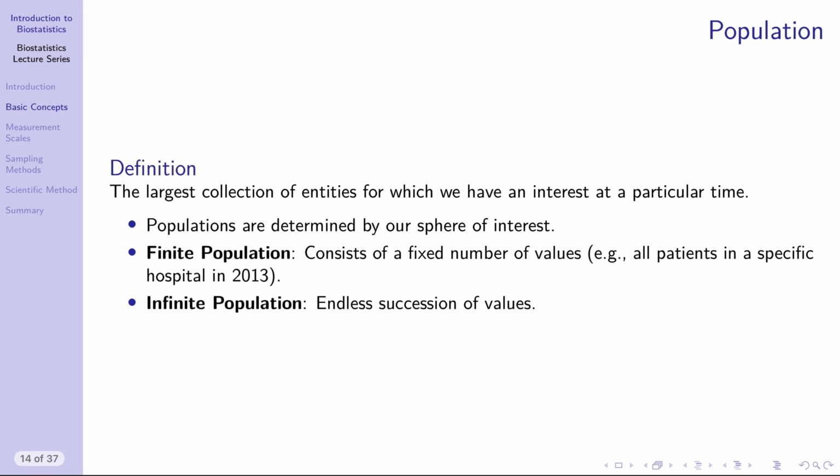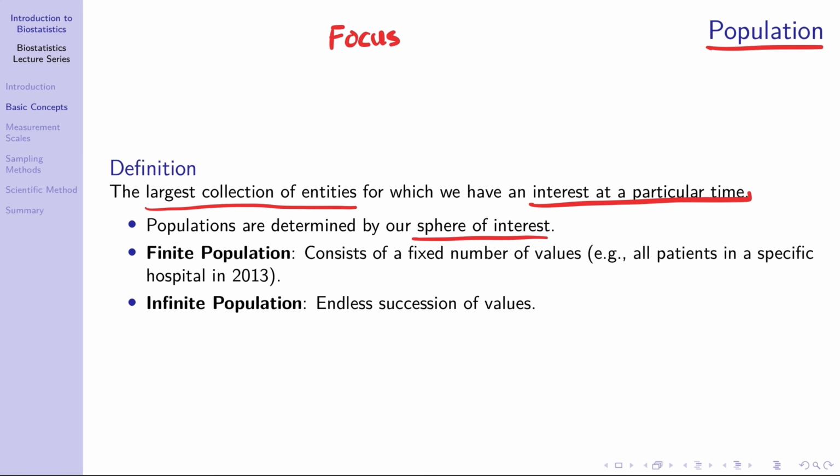Now let's move on to the population. Population is generally considered as the largest collection of entities in which we have an interest at a particular time. Your population is determined by the sphere of interest, or what your focus is. The focus of the study determines what your population is.